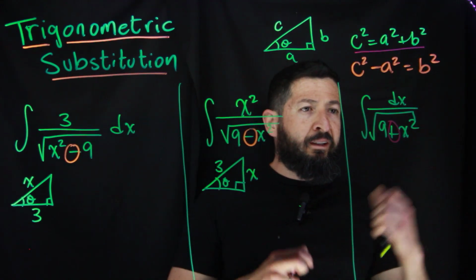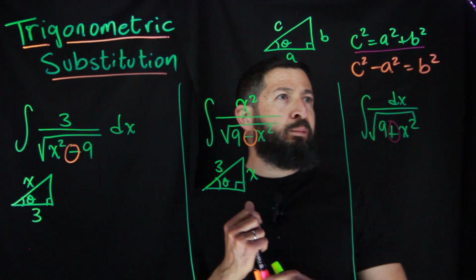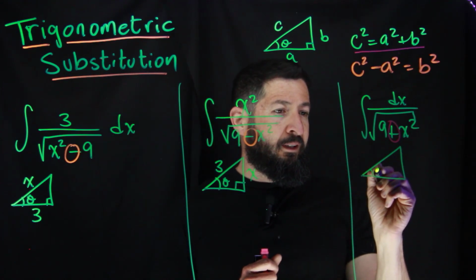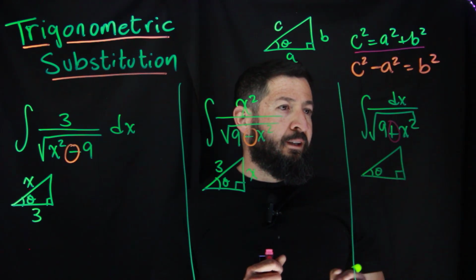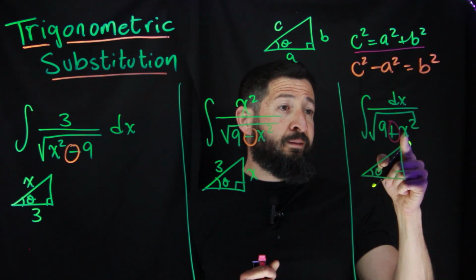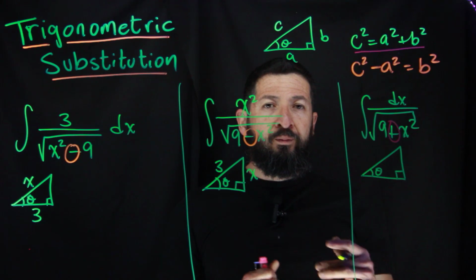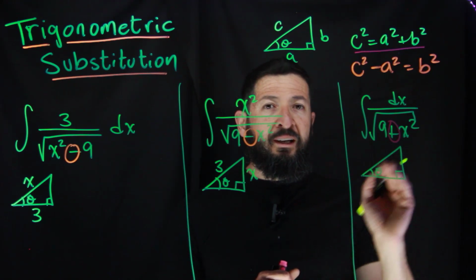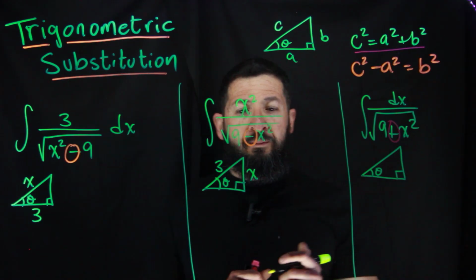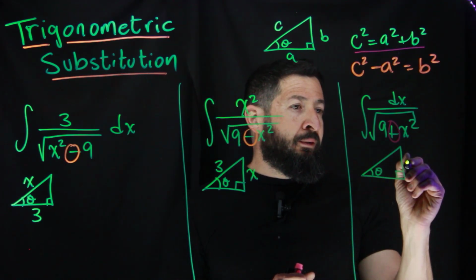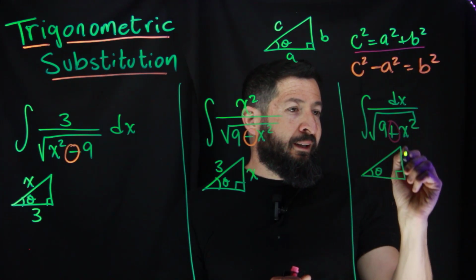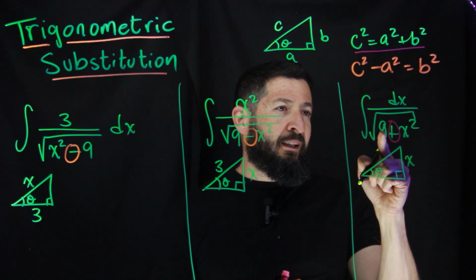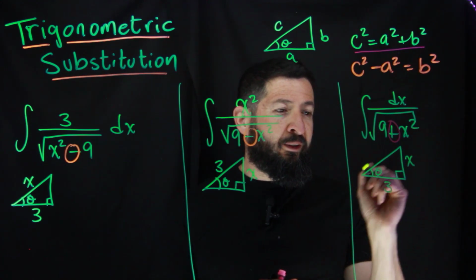That's why we avoid it. Alright, so now let's look at this term where you have a plus. Well, in that case, you have a choice. So you're going to have 3 and x. Both are going to be sides of the triangle, either adjacent or opposite. So what we're going to do is pick the x to go here, the one that has the x, and then take the square root of 9, and we put the 3 here.